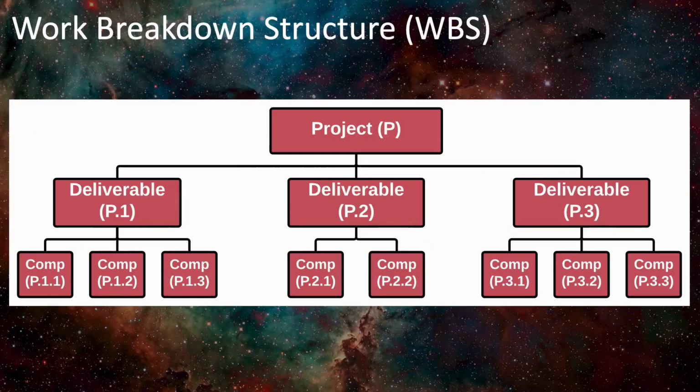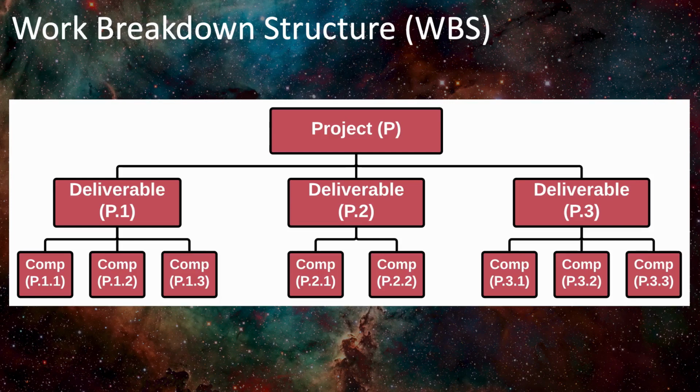And now at last we come to the work breakdown structure, abbreviated WBS. There's a lot of confusion and misunderstanding about what a work breakdown structure is, how it's used, and how it should be organized. We'll go through this one step at a time.